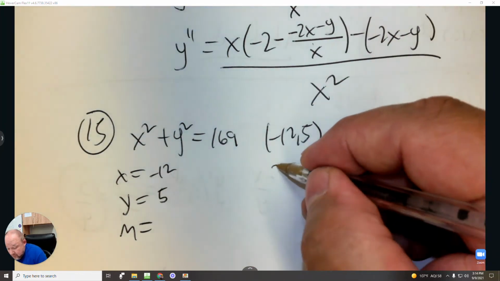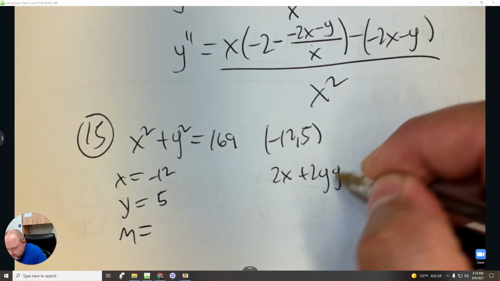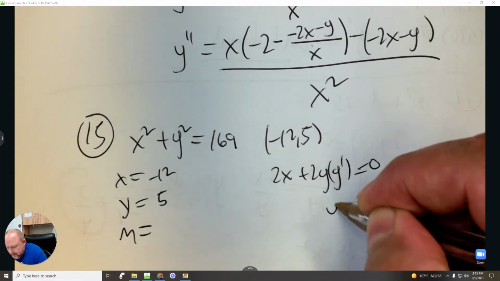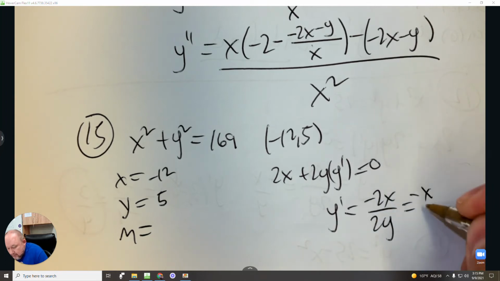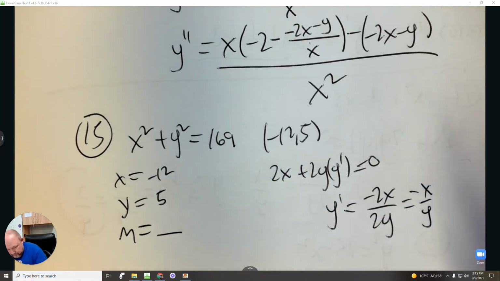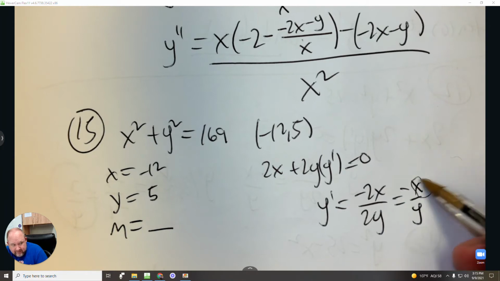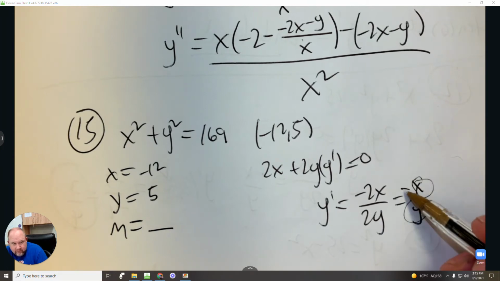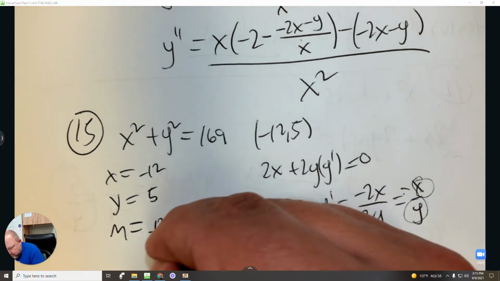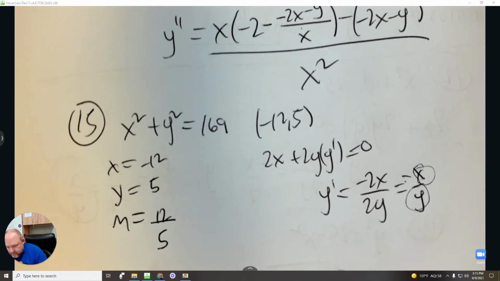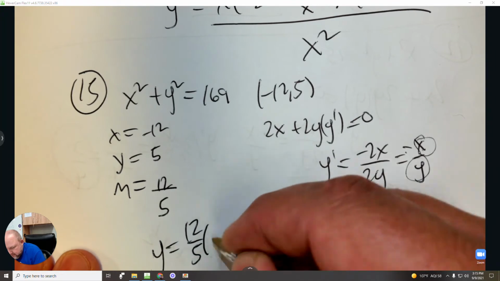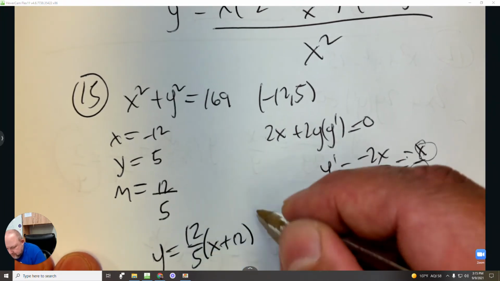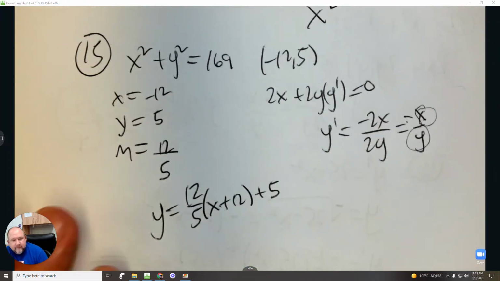I need to take the derivative and get y prime by itself. And then I need both the x value and the y value. So a negative times a negative, that's positive 12 over 5. Put it together. So the slope, it's plus 12 plus 5. Done.